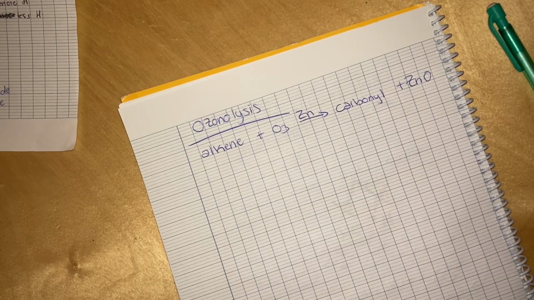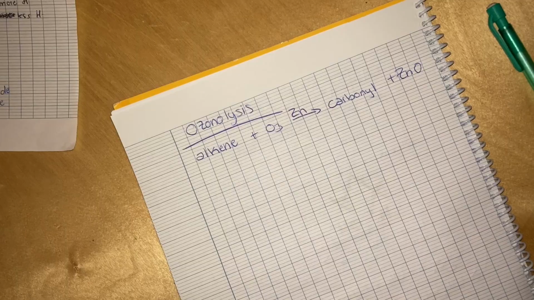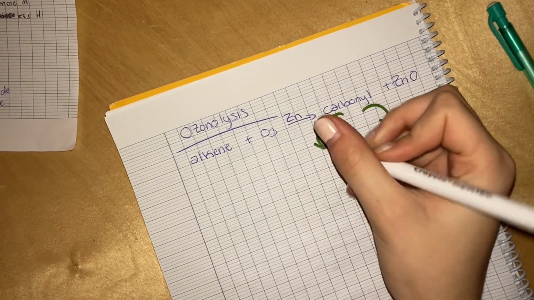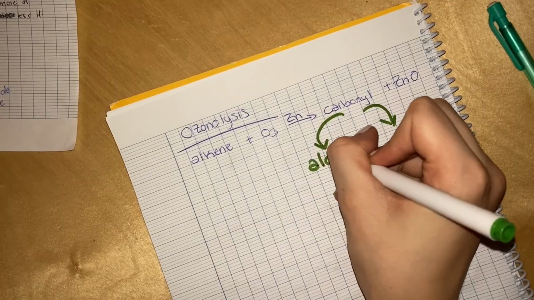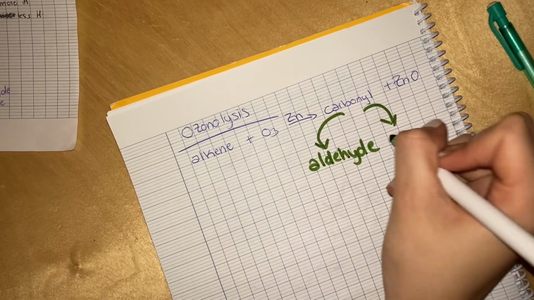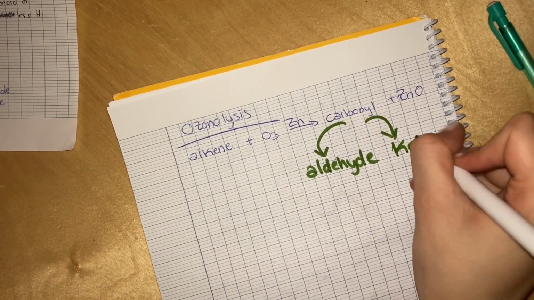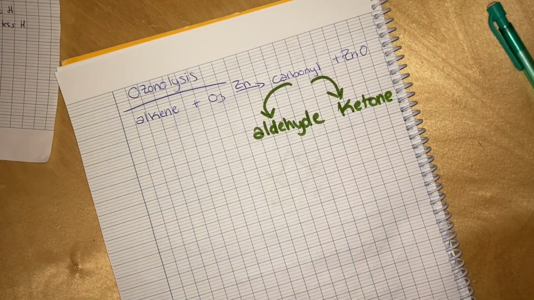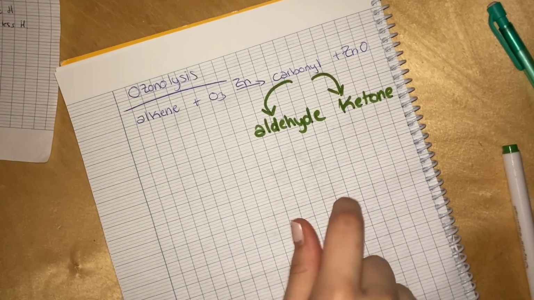I'm trying to figure out how I want to explain this. Let's start like this. Carbonyls have two types. You can have what's called an aldehyde or a ketone. Actually, let me explain the rest before I continue with this.